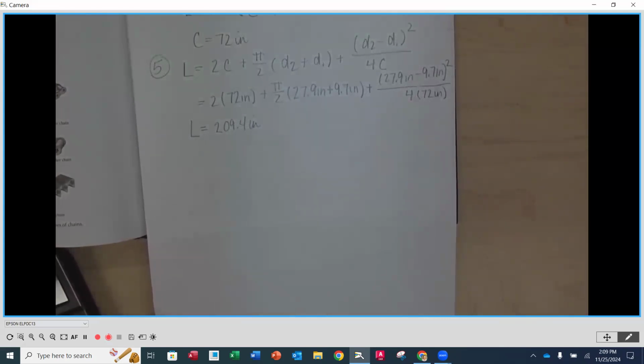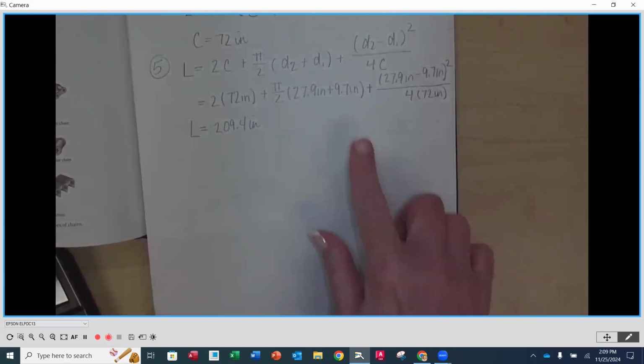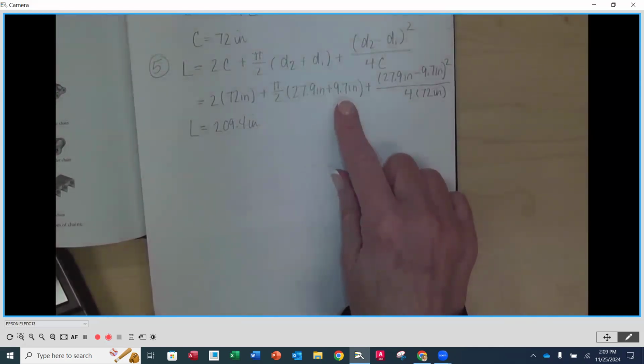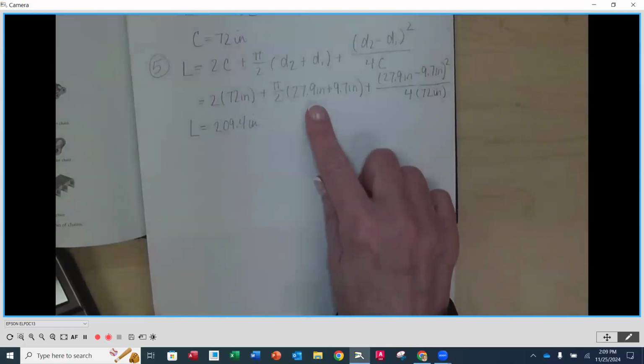So did anybody else get 209.4 for your length? Miles did, looks like Aaron did. I got 204. What did you use for your D1? 9.7, okay. And you use the 27.9?